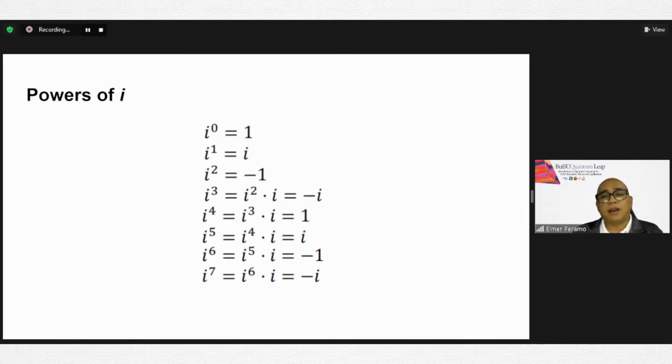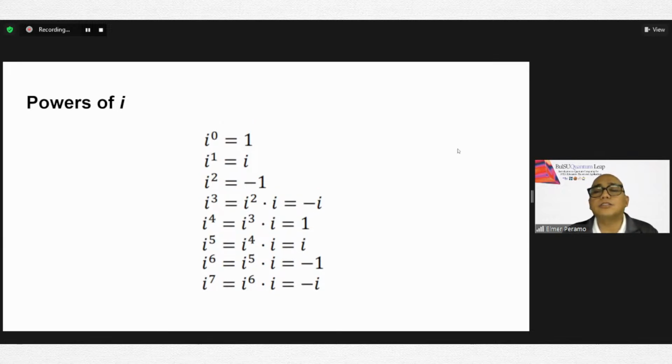So what if I ask you, anyone, chat your answer: what is the value of I raised to the 100? Can you chat your answer? Based on the pattern, you have to check if the exponent is divisible by 4.